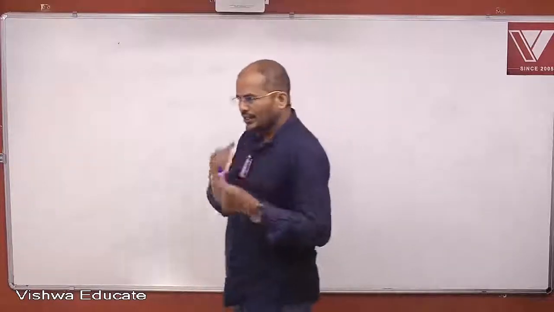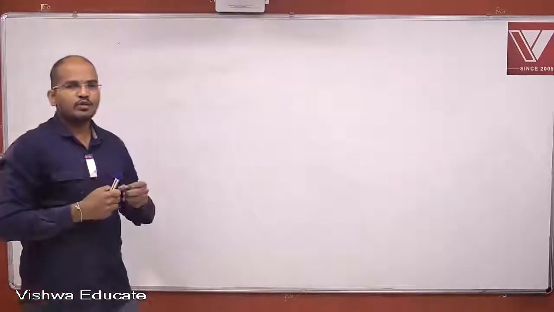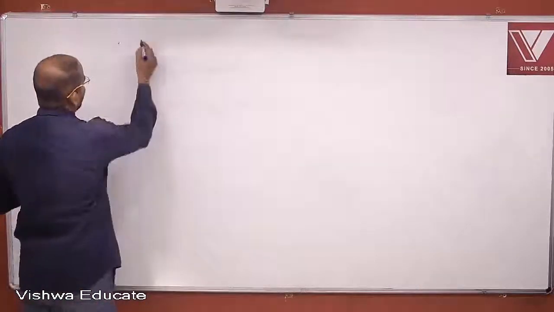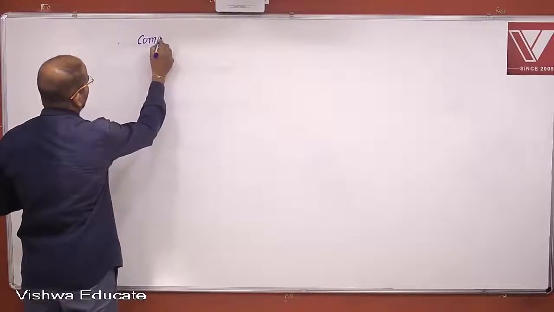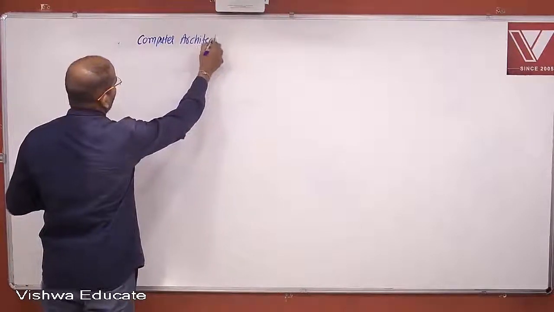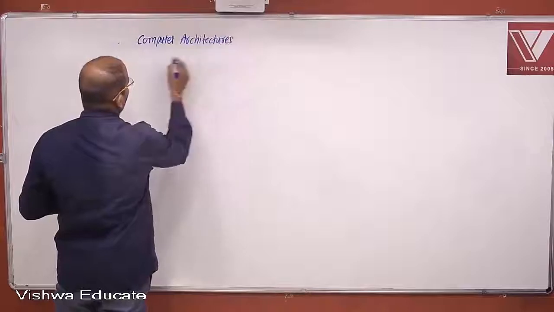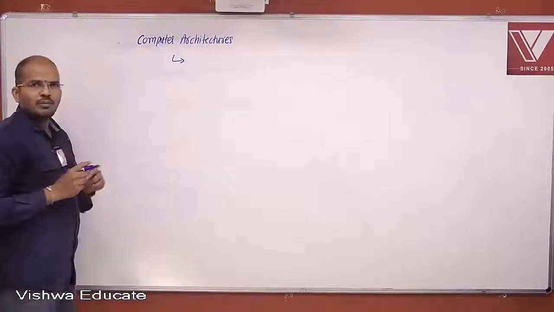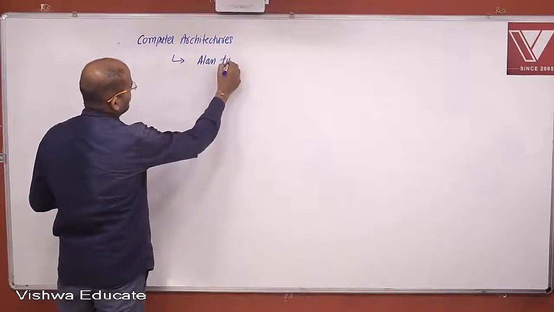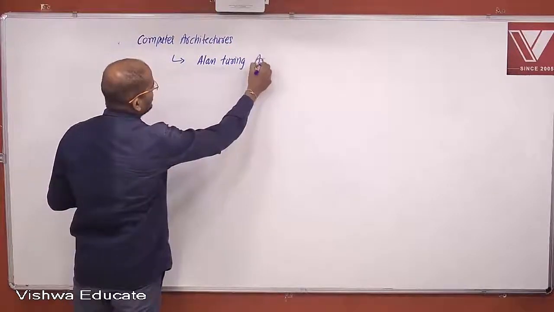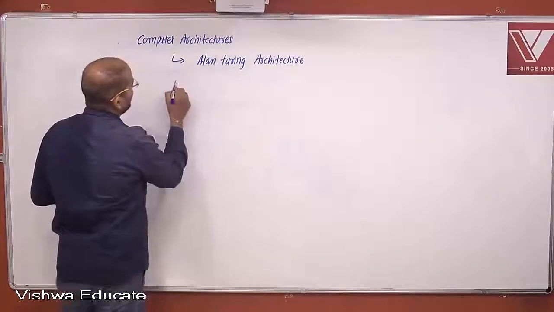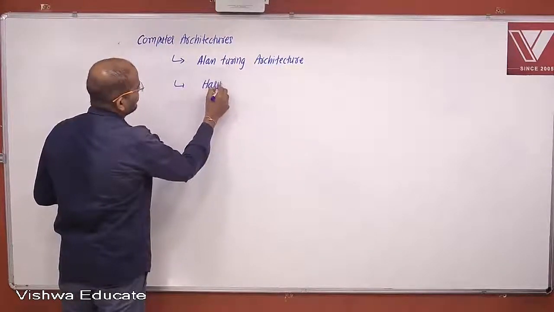Now let us move forward to different types of computer architectures. What are the different types of computer architectures found? The first computer architecture found is the Alan Turing architecture. And then we have the Harvard architecture.